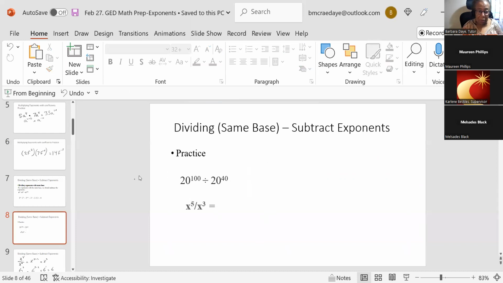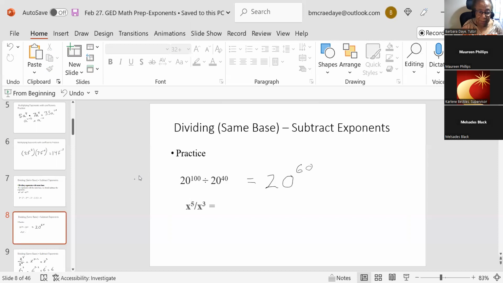Let's see. Okay, there we go. 20 to the 60th. So 100 minus 40 is equal to 60. All right.